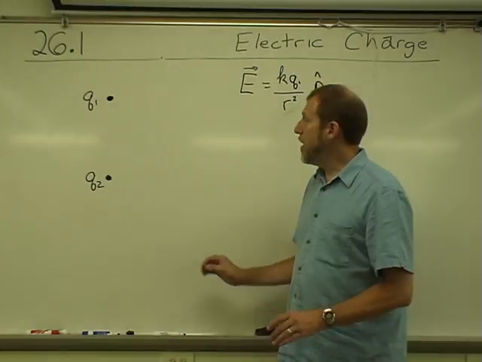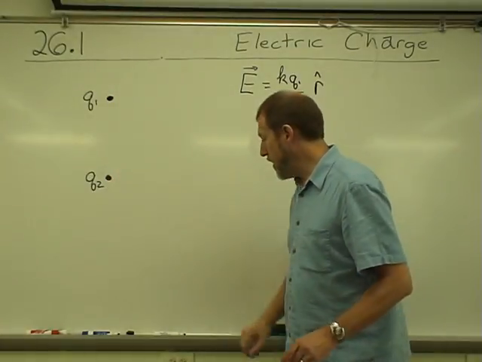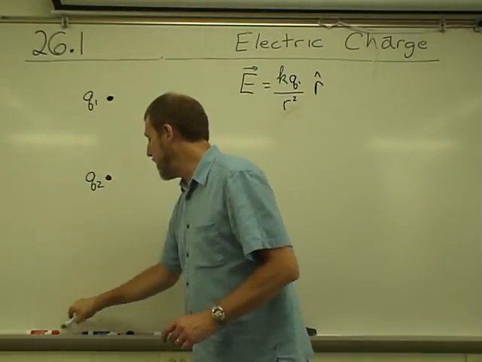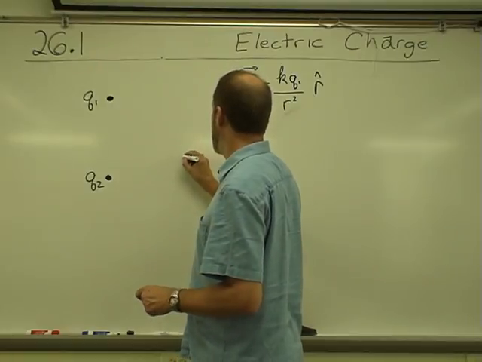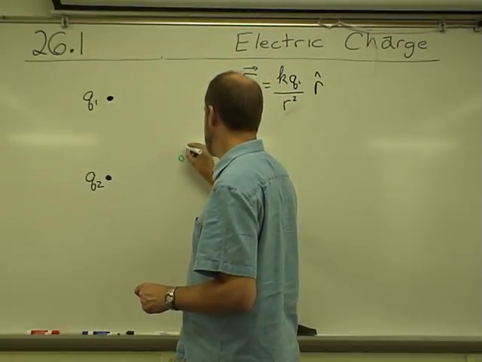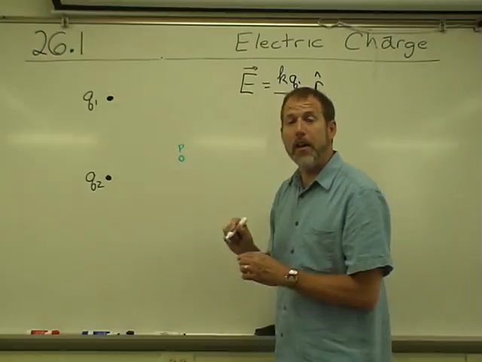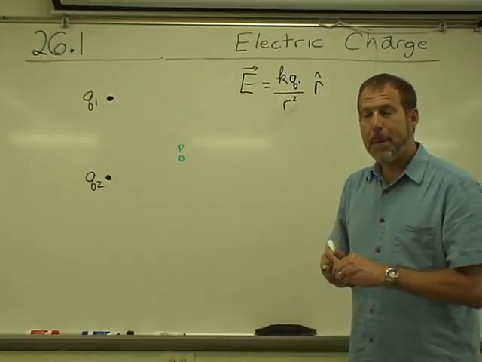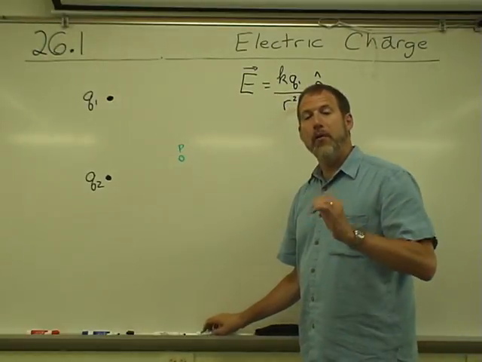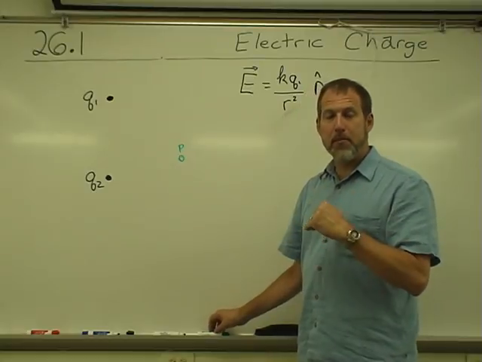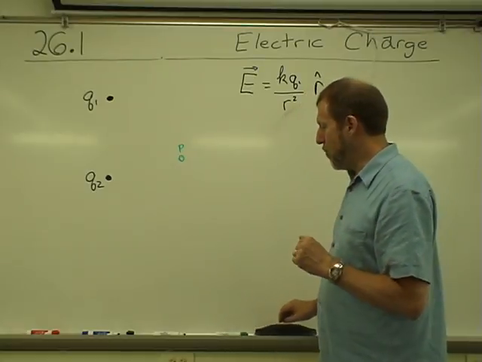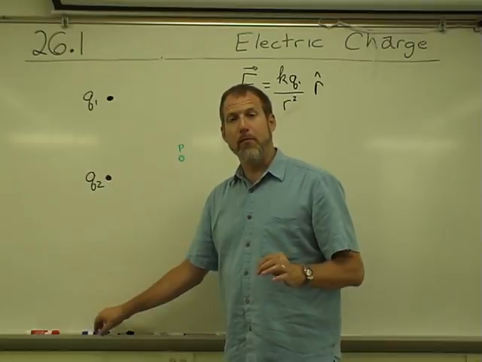In the case where I have two point charges, and I'm looking at the electric field at some point P in space, happily, we have the easiest possible result. Well, the easiest possible useful result.